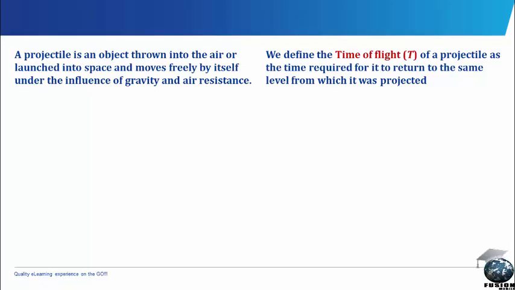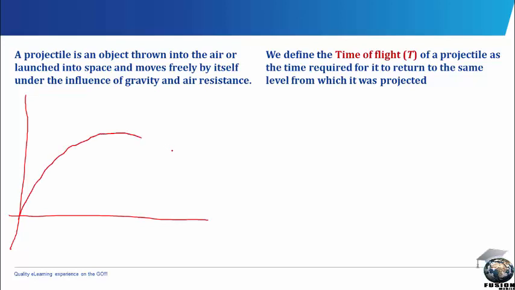Assuming this is my Cartesian plane, a projectile is a particle or an object projected into thin air, and it goes freely on its own and finally gets back here, under the influence of gravity and air resistance only.